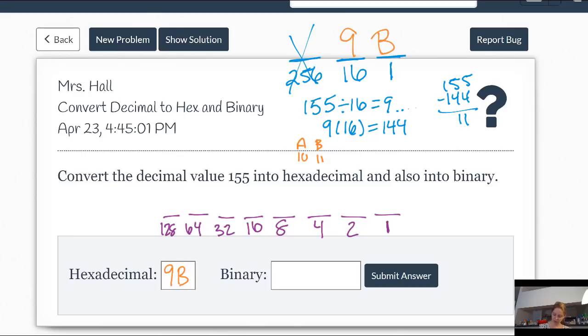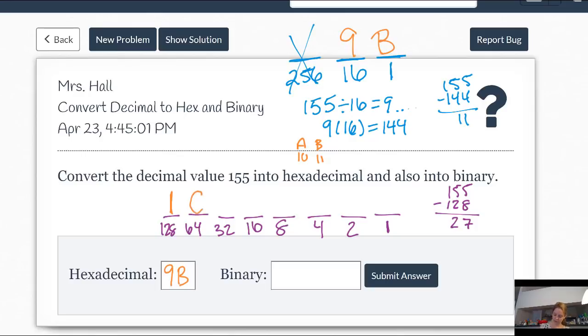Let's do my math. So I can take 128 out of 155. So 155 minus 128 is 27.